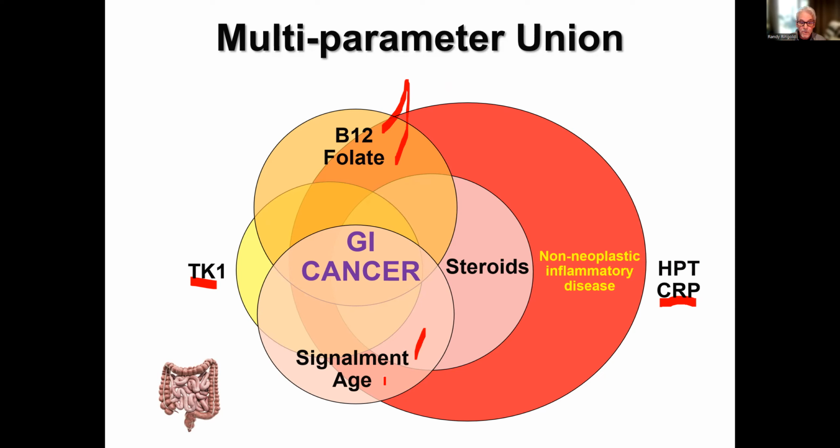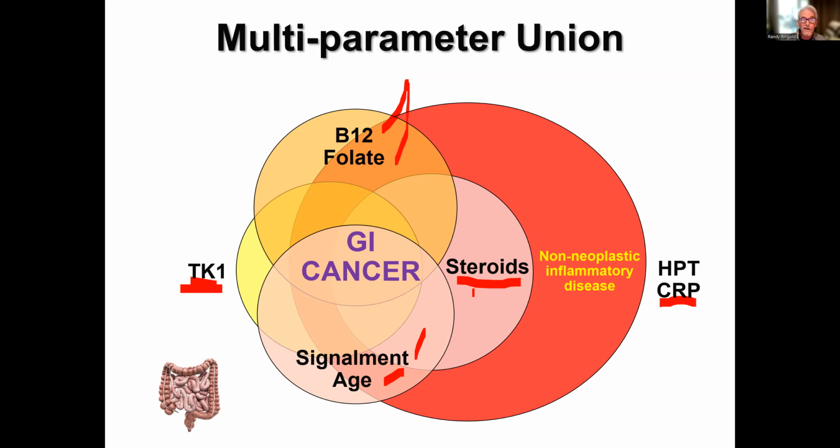We're also adding signalment and age. GI disease is a chronic disease. Therefore, it's kind of unusual in really young animals. And therefore, we're using age as somewhat of a factor for statistical probabilities. And then, of course, like all of our panels, we're factoring in anything that might be anti-proliferative and anti-inflammatory, and steroids certainly fall into that arena.